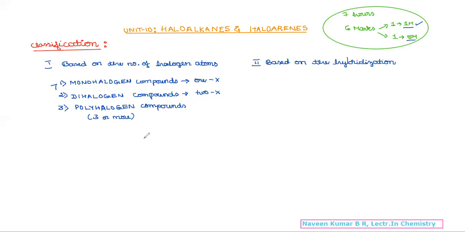Now if we take a simple aromatic compound such as benzene, and one hydrogen atom of benzene is replaced by a halogen, then it is a monohalogen compound. If it is by 2 halogen atoms, it is a dihalogen. If it is by 3 halogen atoms, then it is called a trihalogen. I will try to observe simple examples for all these 3 types.